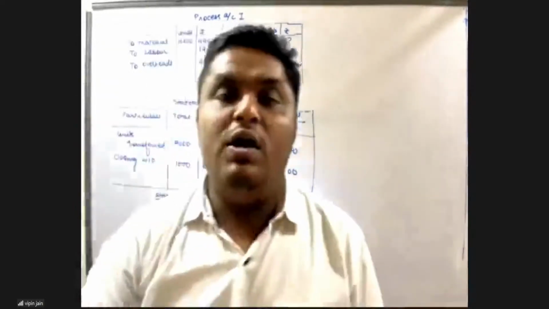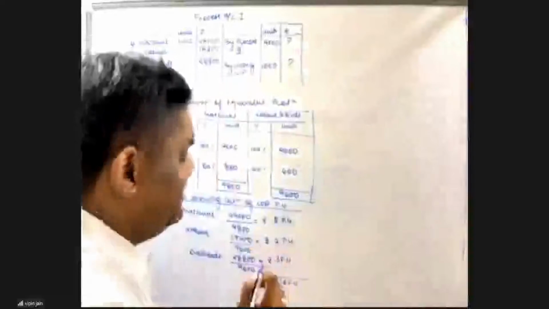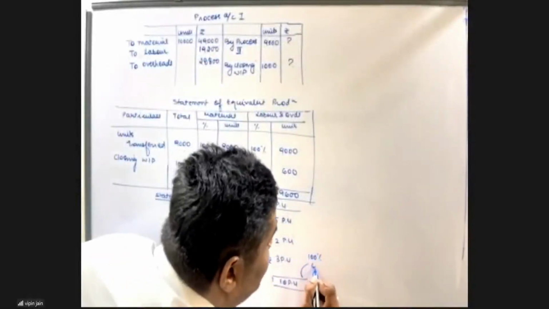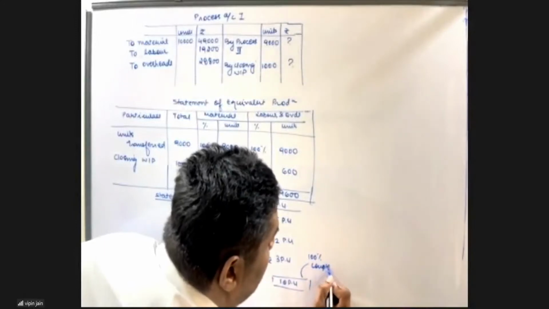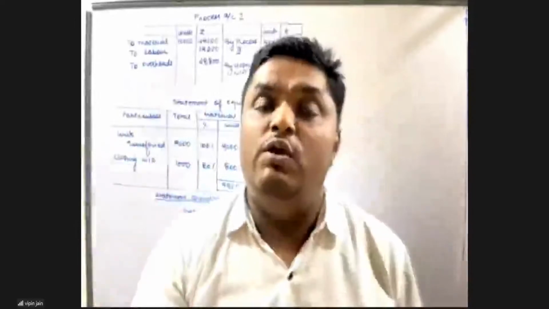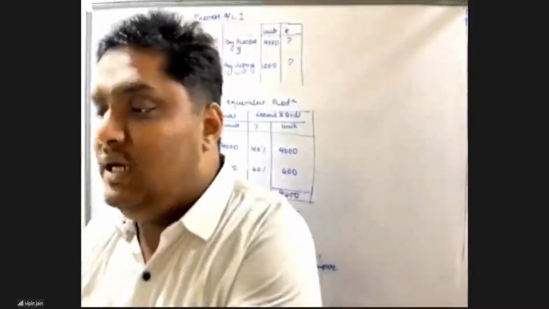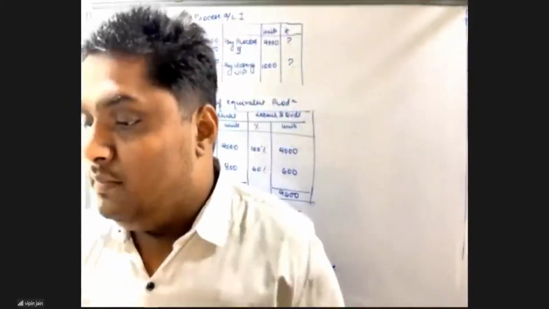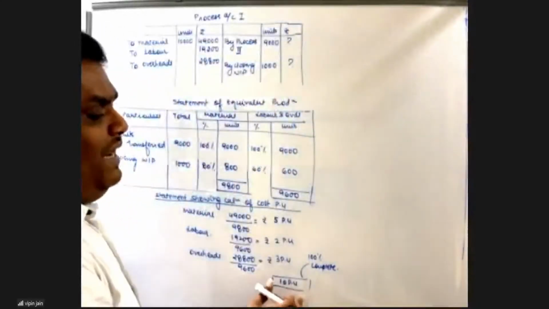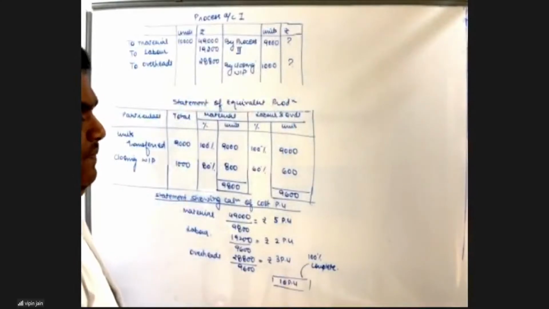So my total cost will be 10 per unit, and this is the cost of units that are 100% complete. Rupees 10 per unit is the cost of the units that are 100% completed.